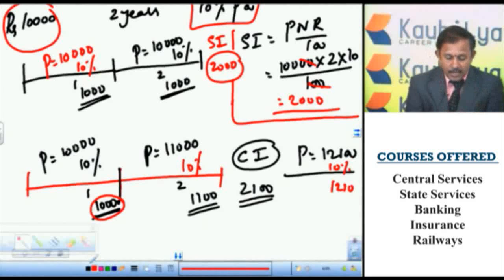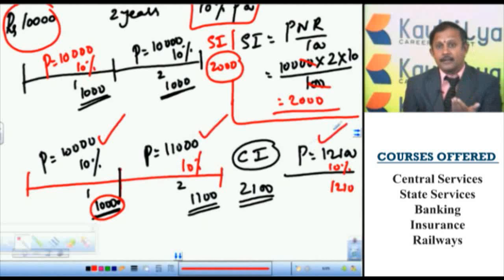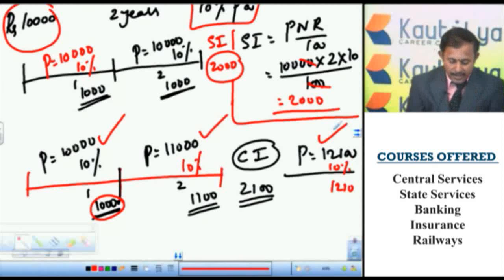Here the principal is 10,000 for the first year, 11,000 for the second year, and 12,100 for the third year, like that. You have to settle the previous account at the end of the stipulated time. And again, back to the example.